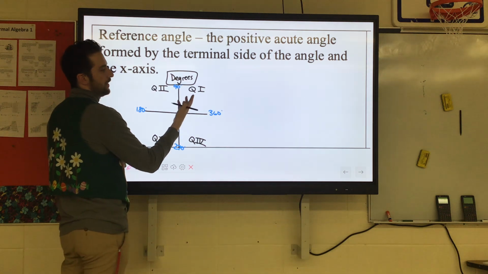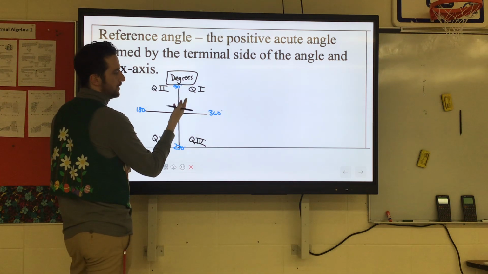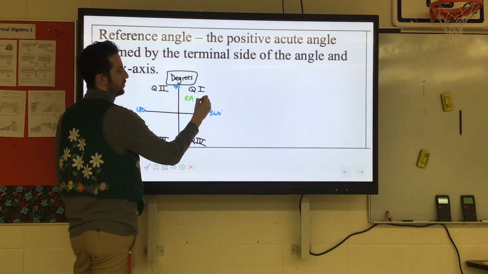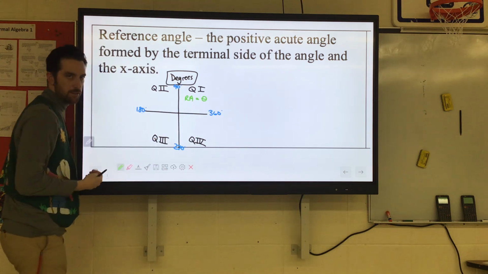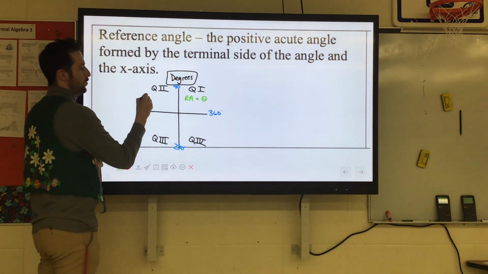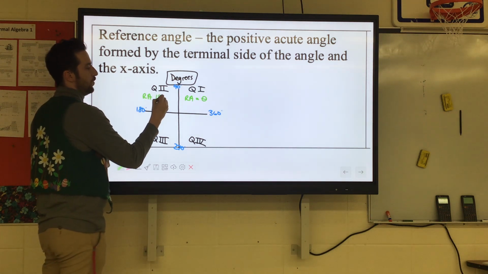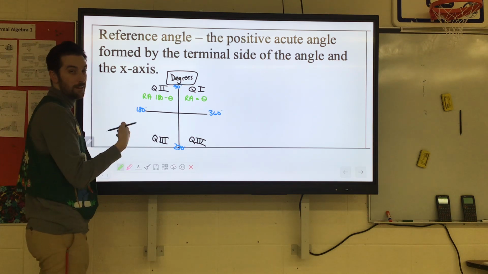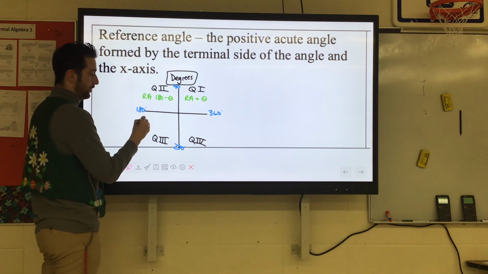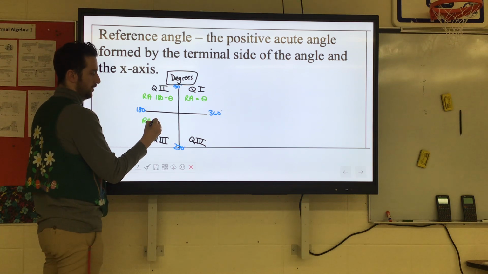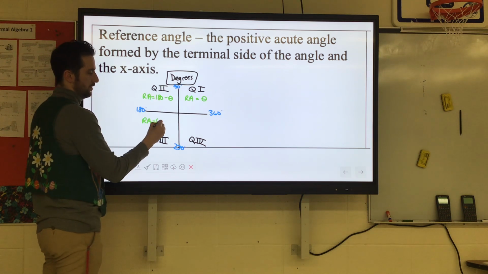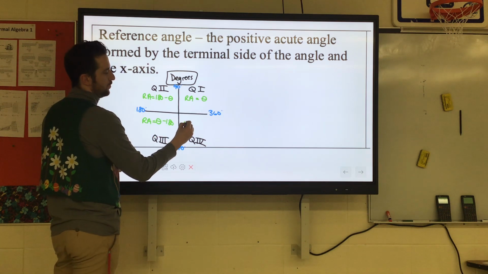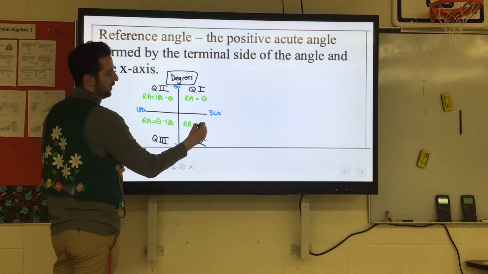If you had a terminal angle end in quadrant 1, the reference angle was just equal to theta. It was just whatever the angle was. In quadrant 2, yesterday we had to do 180 minus our angle, theta. Quadrant 3, we did our angle minus 180. And then in quadrant 4, we ended up doing 360 minus our angle.